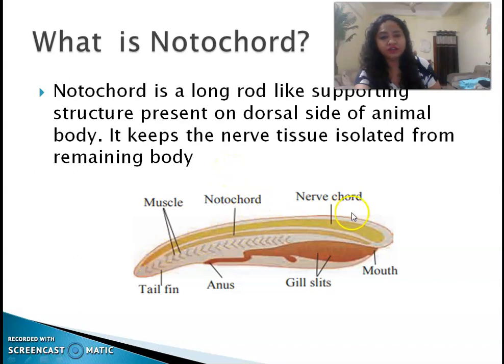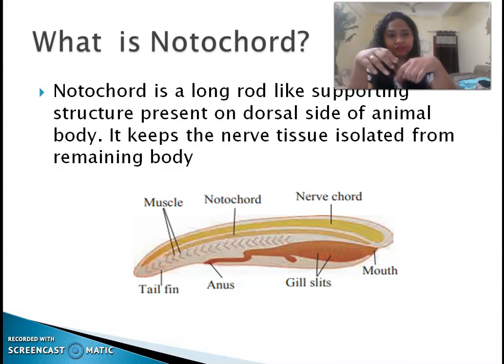Can you see over here the notochord? This is the notochord and in us we are chordates. So we have a spinal cord that is also a notochord. And what does it do? Inside the spinal cord, it is hollow. So inside the spinal cord, all the nerves are intact.